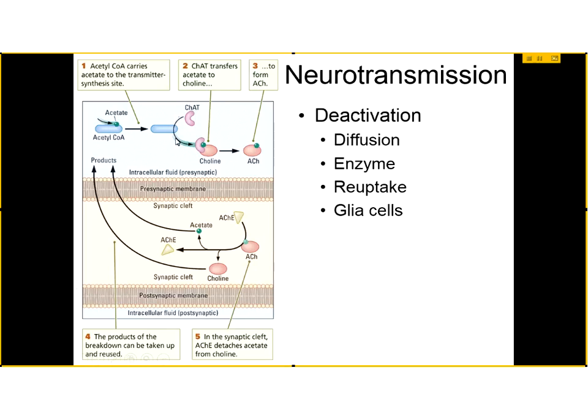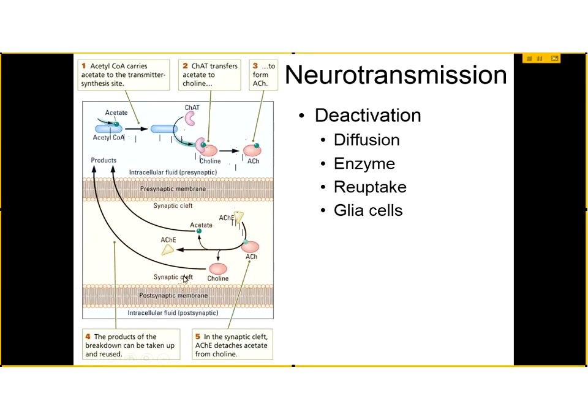So here is the pathway in which we synthesize or make acetylcholine in the presynaptic terminal, where we're going to take different parts of it, transfer, and then we actually get acetylcholine. Once it's released into the synaptic cleft, we have something that's referred to as acetylcholinesterase, or an enzyme that breaks down acetylcholine.